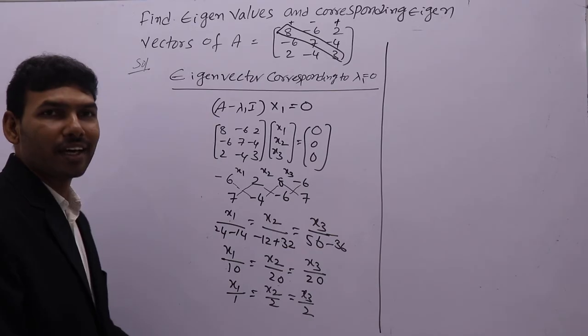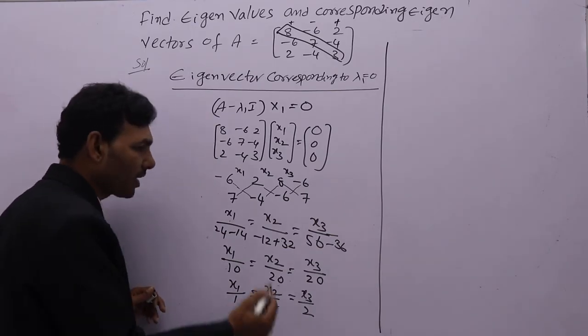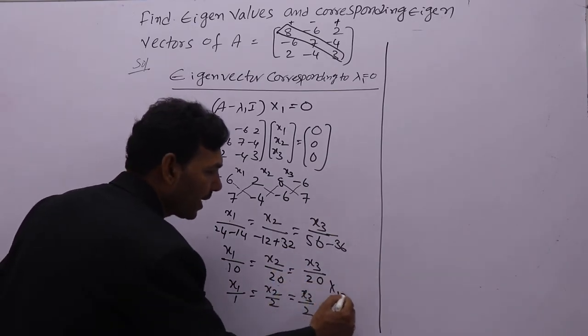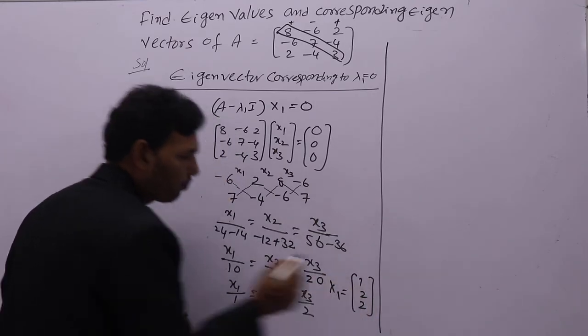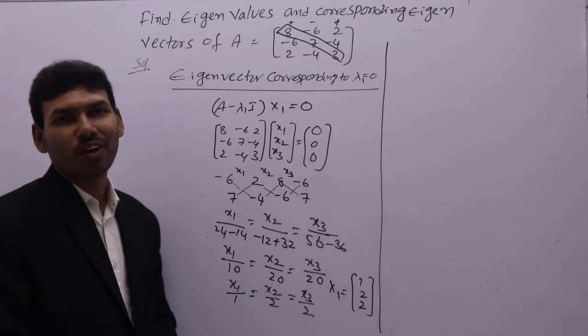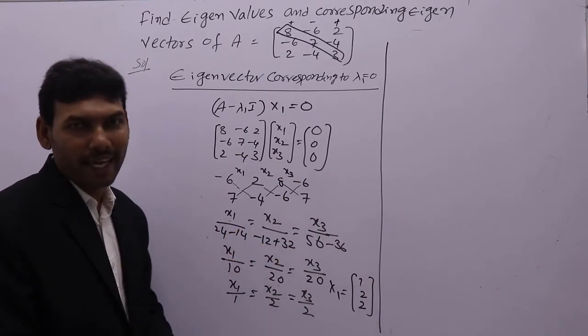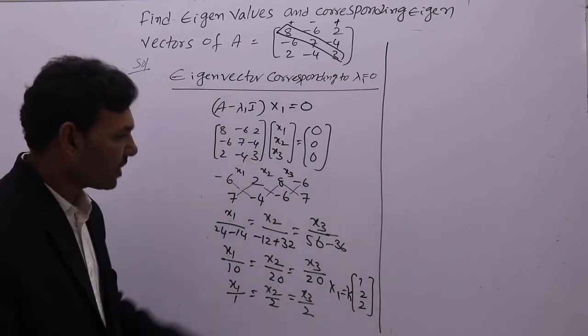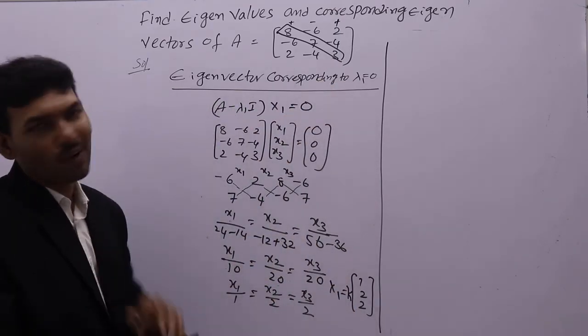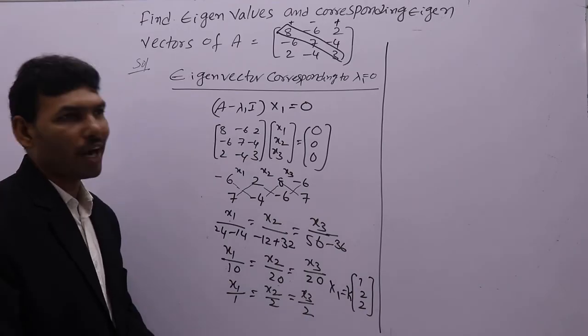Now the first eigenvector you got is 1 2 2. Generally you need to calculate this by assigning one variable k, that's why here you need to mention k. The first eigenvector for lambda 1 equal to 0 is 1 2 2.